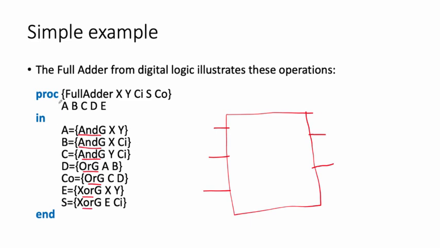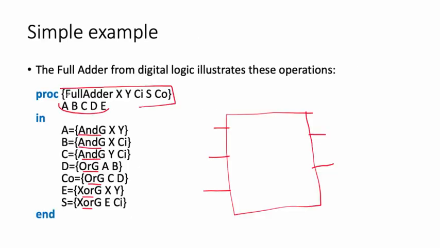I'm doing restriction because I have these local links, these local wires that you don't see from the outside. So I'm doing instantiation and restriction here and composition. And each time I call full adder, it will build a new full adder component. Okay, so see how it works, huh?